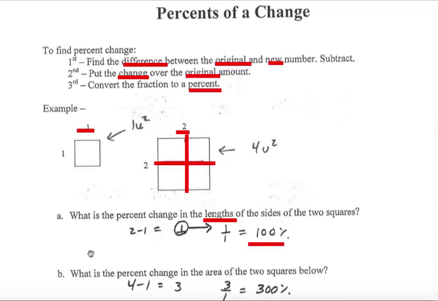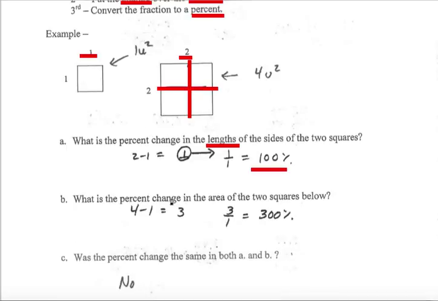So part B, what is the percent change in the area of the 2 squares? The area of this one is 1 square unit. The area of the new one is 4 square units. So 4 minus 1 gets us 3. 3 is our change in the area.